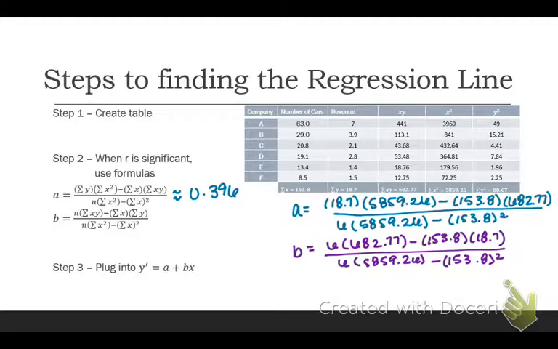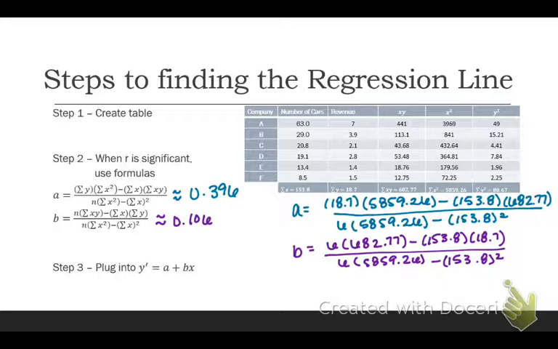Type that into our calculator. Should be very straightforward for this part, and we don't have the square root in any of these formulas, which is very nice, but we should get approximately 0.106. I'm just rounding to 3 decimals each time because I want to keep it similar to my correlation coefficient.